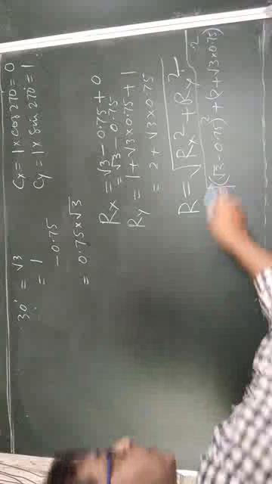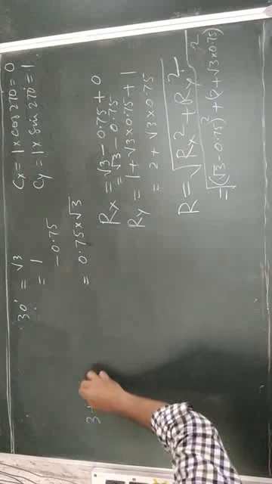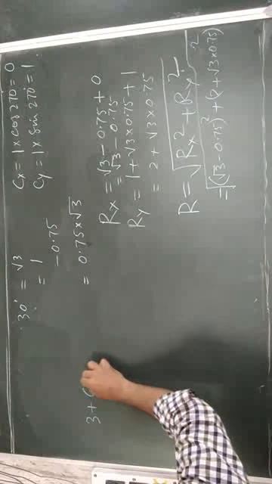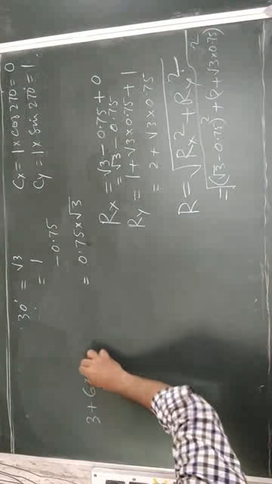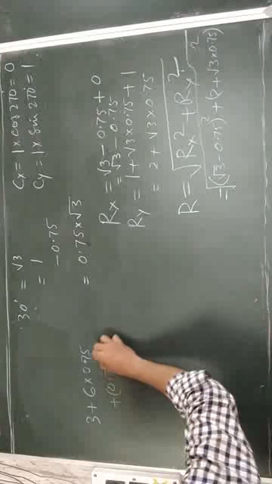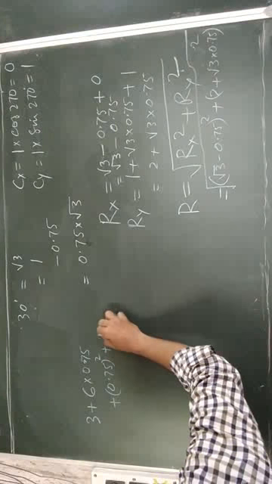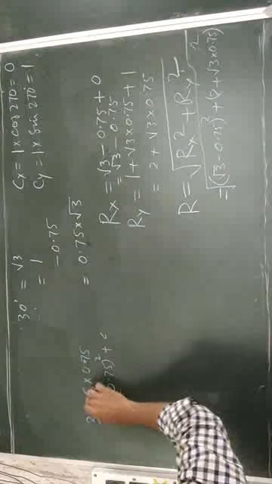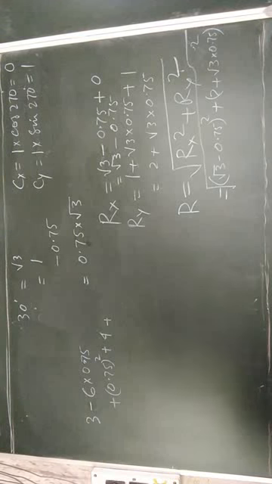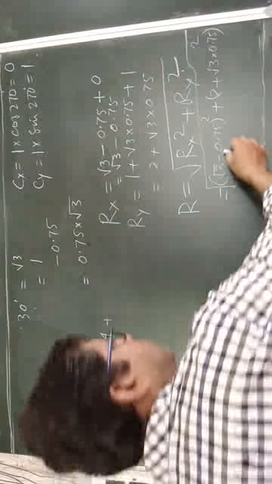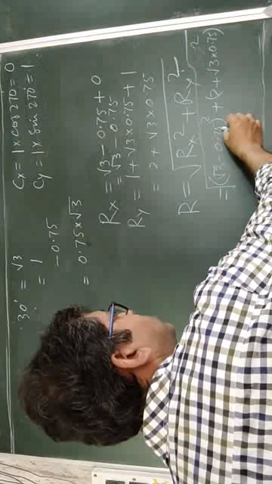So what will be the result? 3 plus 6 into 0.75 plus 0.75 square, plus, oh sorry, this is minus, plus 4 plus 2 into root 3 into 1.5.